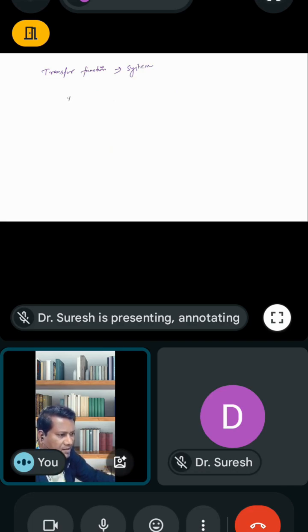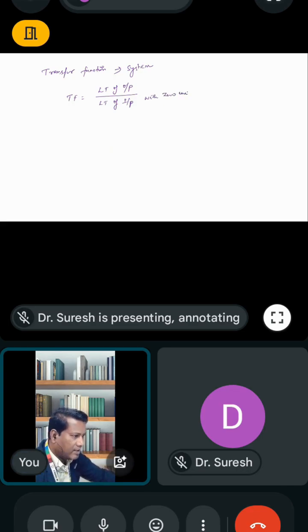The definition is the ratio of the Laplace transform of output to the Laplace transform of input with zero initial conditions. So this is the general definition of transfer function: Laplace transform of output by Laplace transform of input with zero initial conditions.